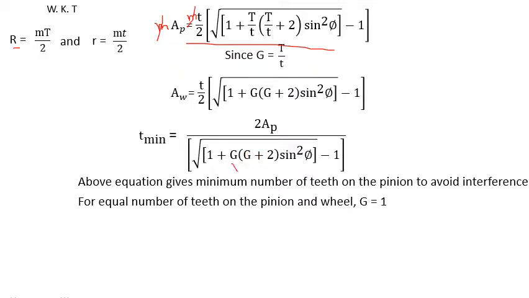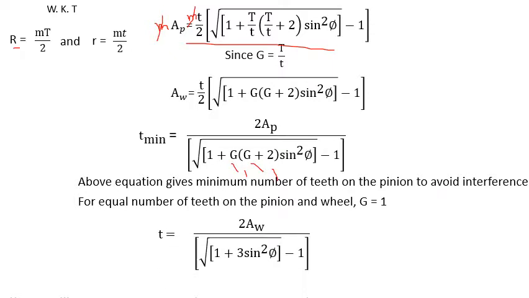If I substitute G equal to 1 in this equation, it becomes T is equal to 2 times AP, the addendum of pinion, divided by root of 1 plus 3 sine square phi, minus 1.